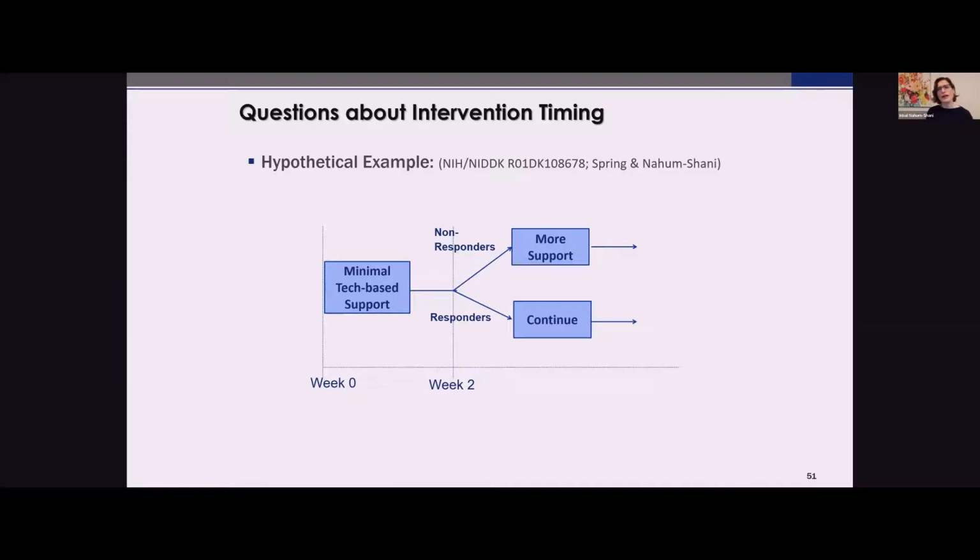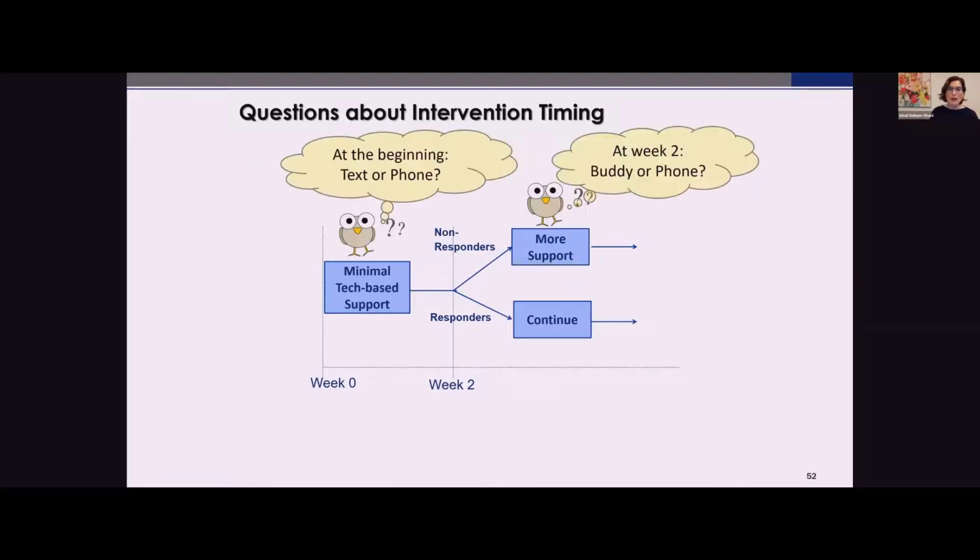But let's assume that I have 2 scientific questions. One is how to initiate this intervention. What type of minimal support to provide initially? Text messages or phone coaching? And I also have a question about how to address the needs of non-responders at week 2. Should I provide body training or phone coaching?